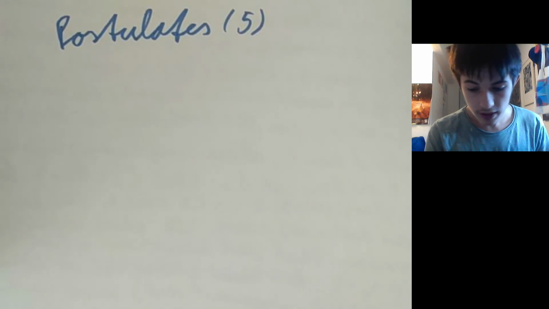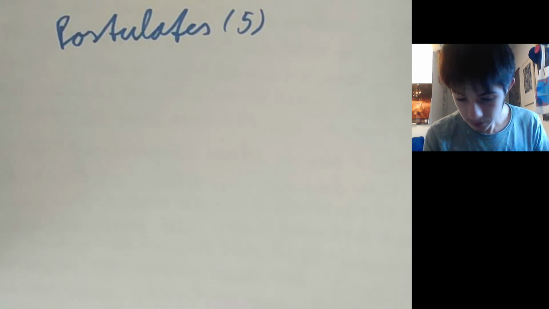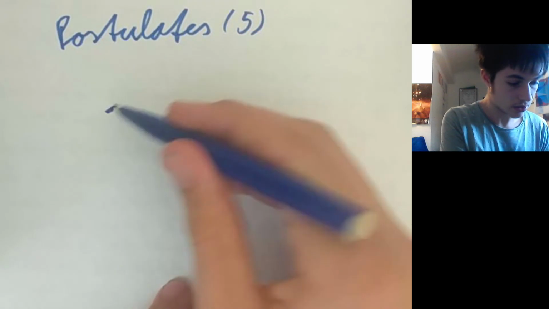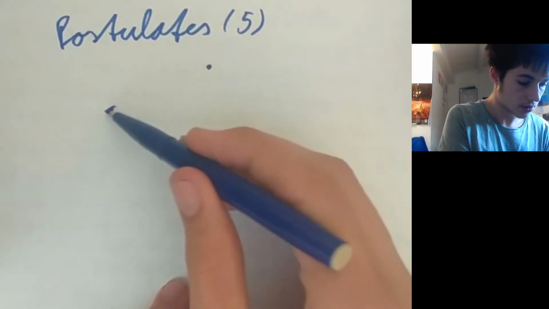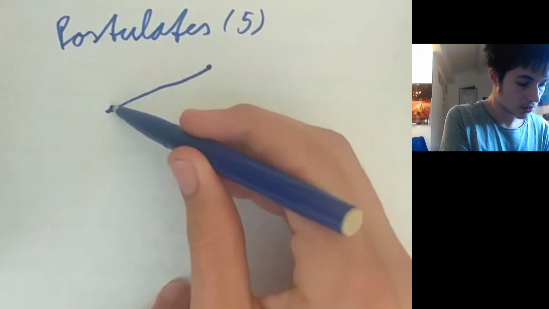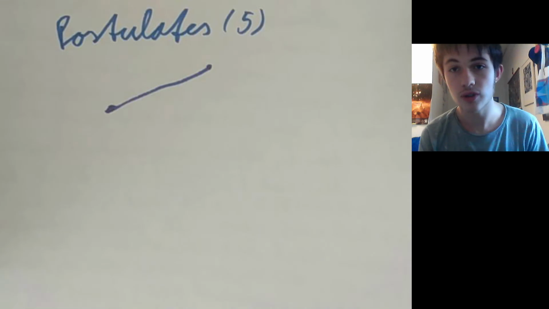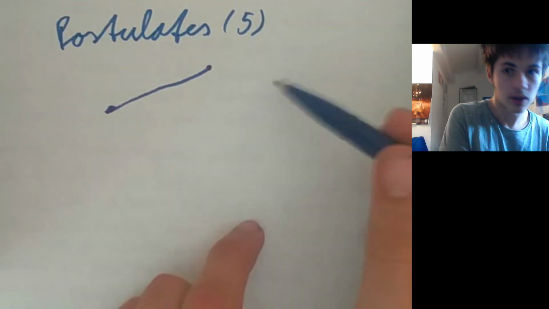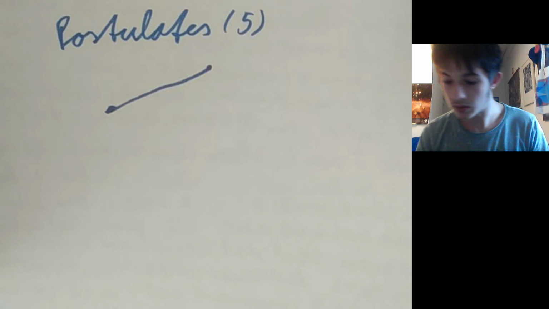And the first one is that it is possible to draw a straight line from any point to any point. So if you have 2 points, you can draw a straight line between them. And so we can't have a surface with a hole in the middle or something like that.